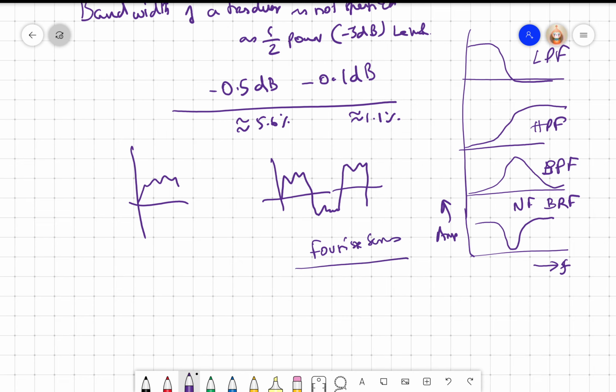and expand. If this is my input x of t, x of t is equal to a naught plus sigma n equals 1 to infinity a n cos n omega t plus b n sin n omega t, right?